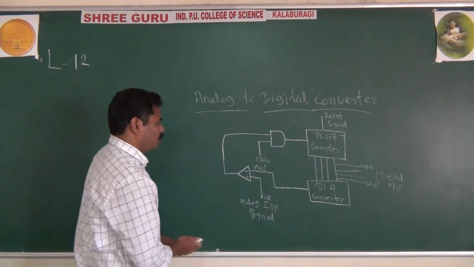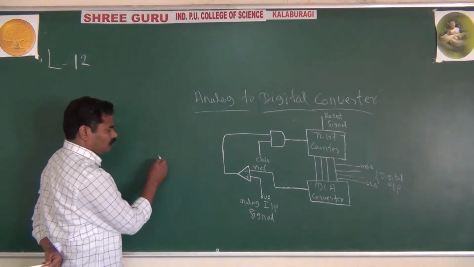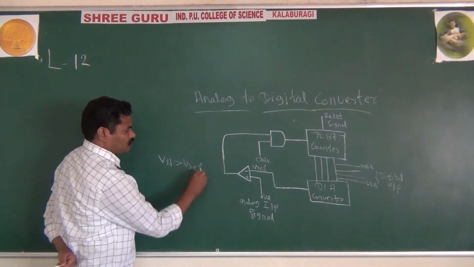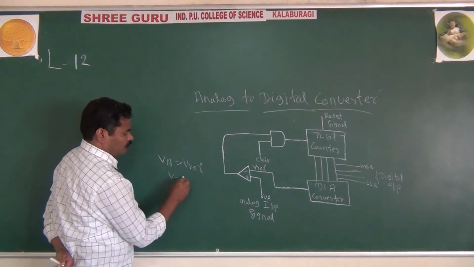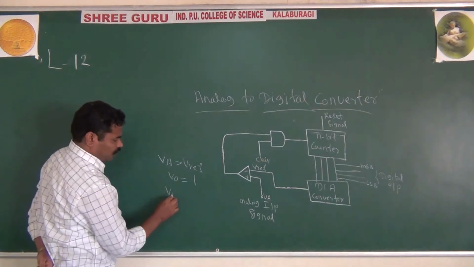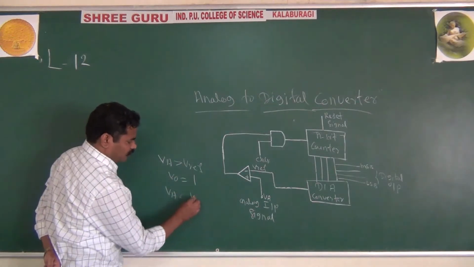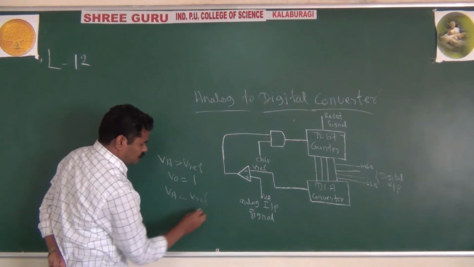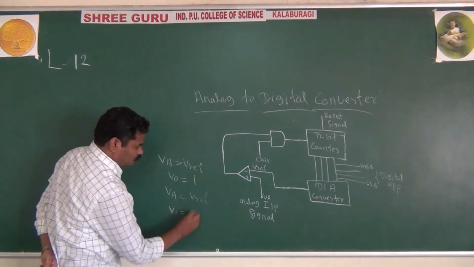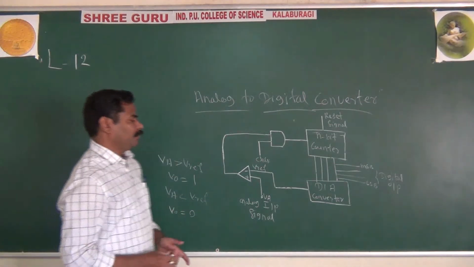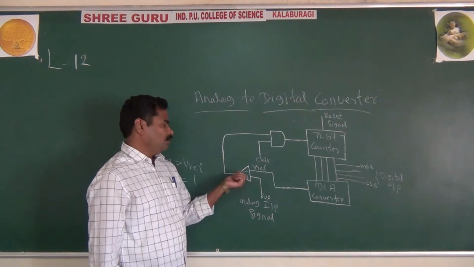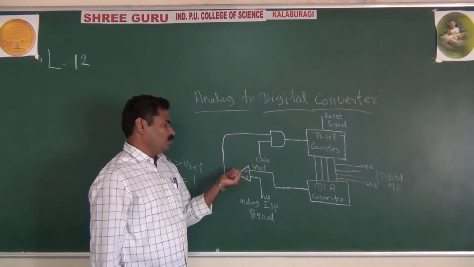If VA is more than V reference, the output will be 1. If VA is less than V reference, then the output will be 0.